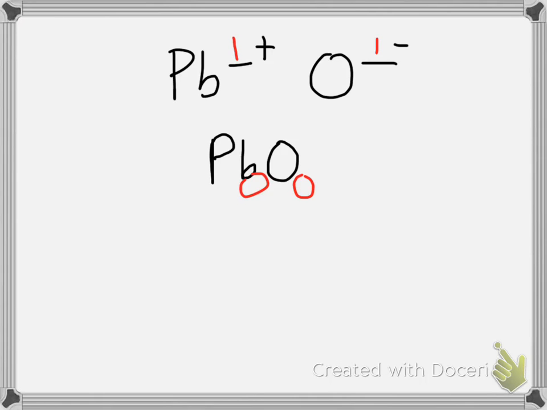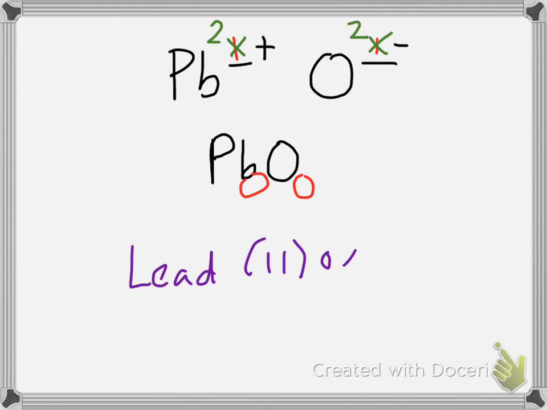So what had to have happened here? If we multiply this by 2, we get the correct charge on oxygen. What do we have to do to this then? Multiply by 2. This is actually lead 2 oxide.